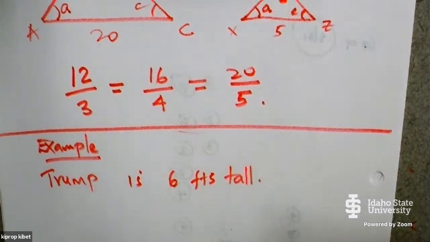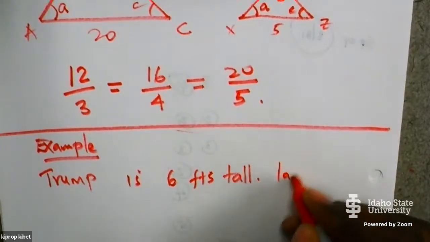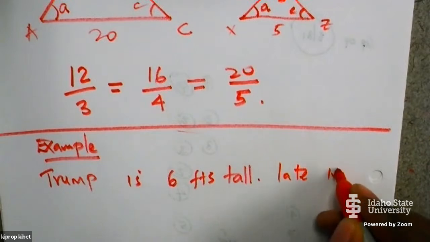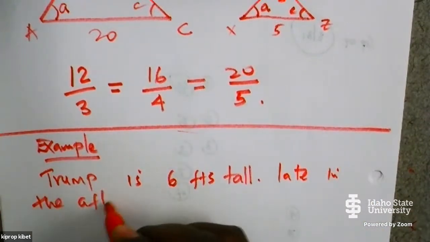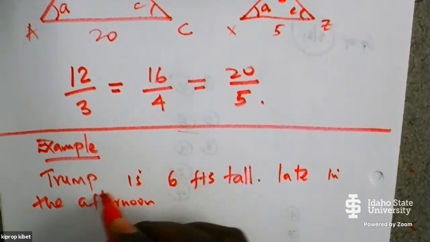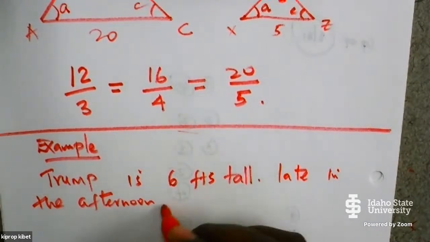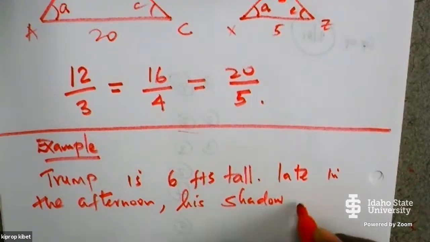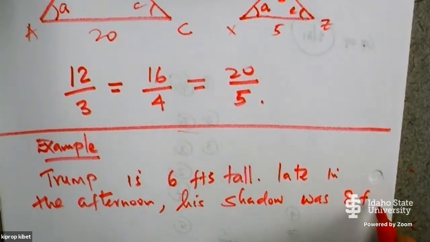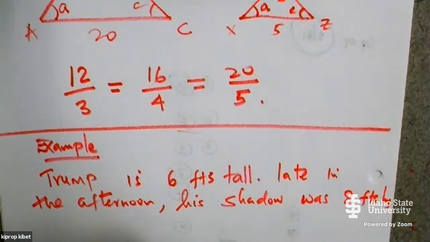Okay, Trump is 6 feet tall. Let's say in the afternoon, his shadow was 8 feet long.